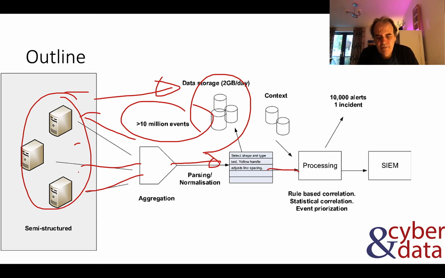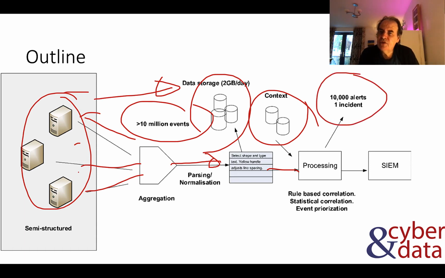Then we process these, put some context into the logs that we see, and then we might reduce down into tens of thousands of alerts that need to be processed, typically by human operators, and we might then find, say, one incident in those thousands of alerts.